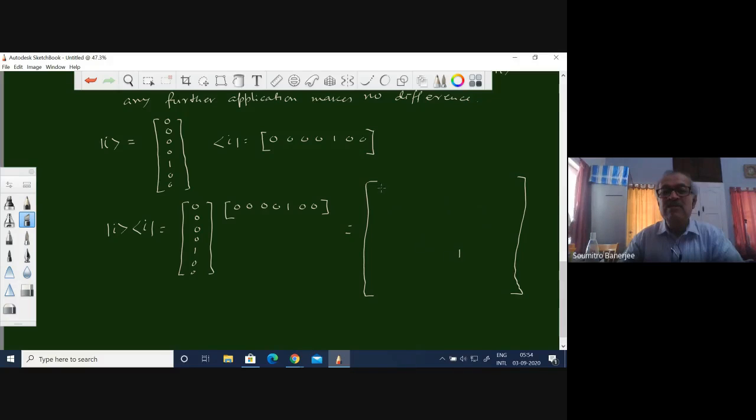Okay, all other terms will be 0, only one term will be 1. And when you take a summation over all i's, all that happens is that all these diagonal terms get filled up by 1. Thus, you get an identity matrix. Okay, great. So these were somewhat similar material.